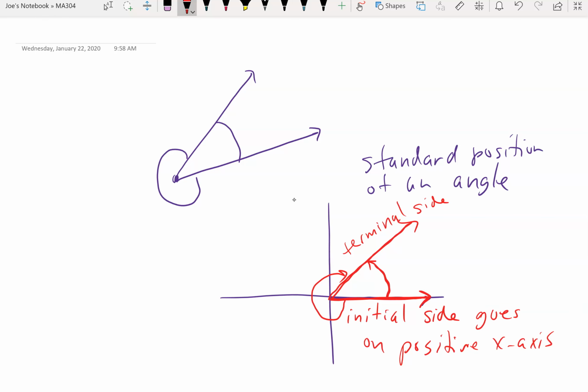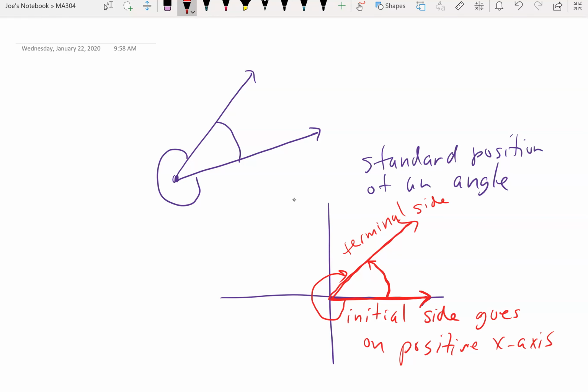When we talk about the difference in these two, we use positive or negative for the angle. That's positive. Sorry, my handwriting is awful. If you've got questions, please ask.